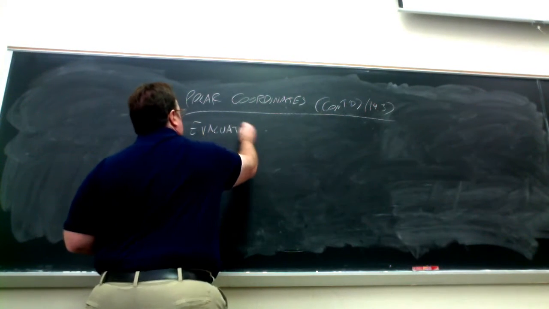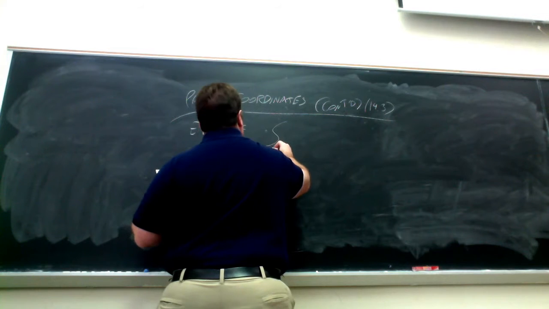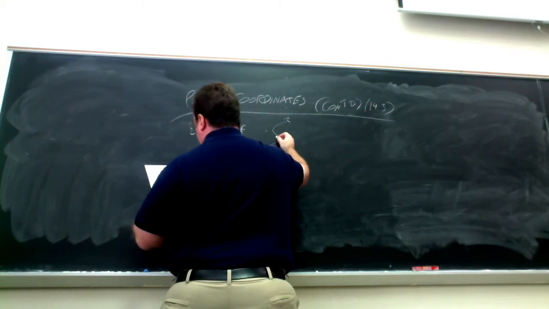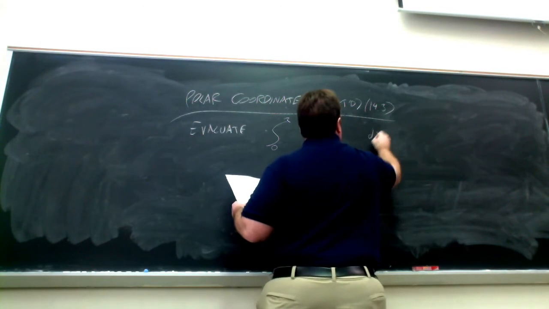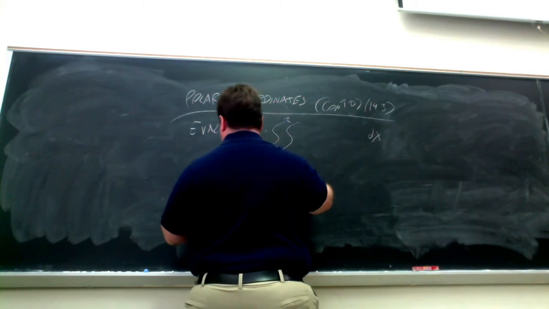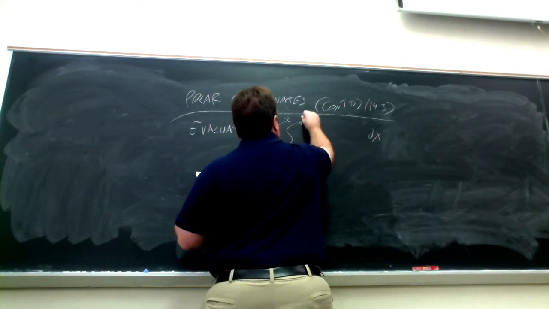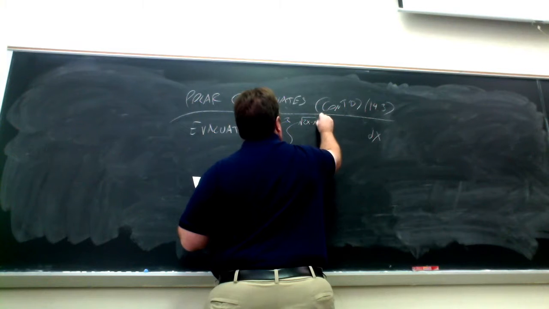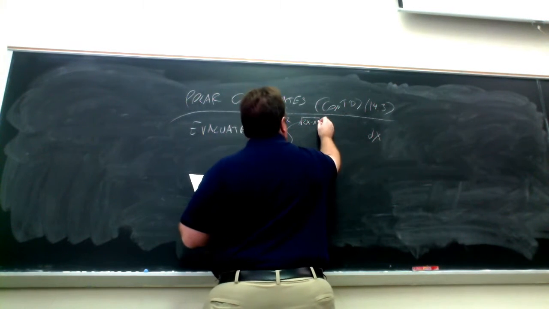So look at this integral in terms of Cartesian coordinates, so 0 to 2 in x, and 0 to square root of 2x minus x squared in y.